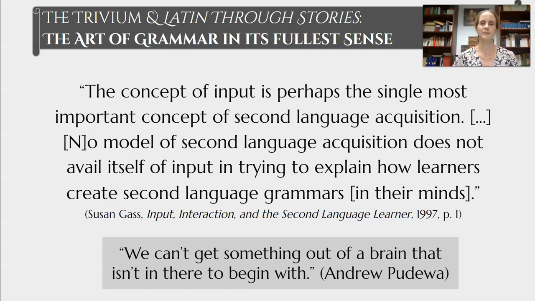So those three elements are really crucial: comprehensible, meaningful, and extensive. So good input is language that is just a little bit above students' current level so that it's fully comprehensible, and that conveys interesting content, and that is available abundantly.